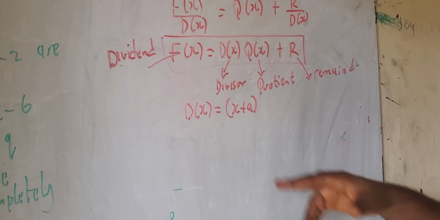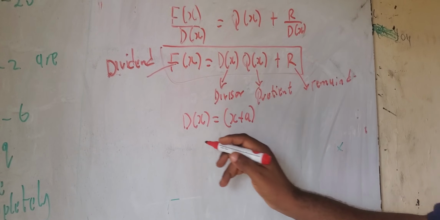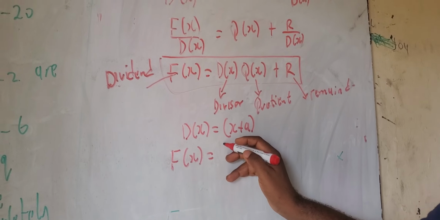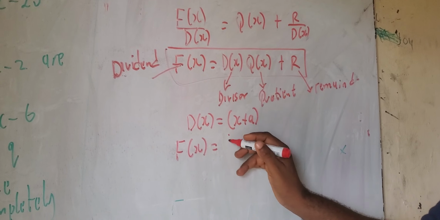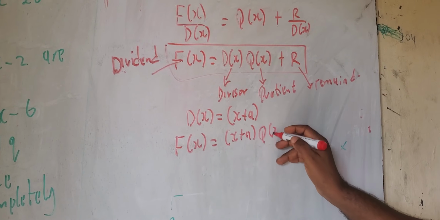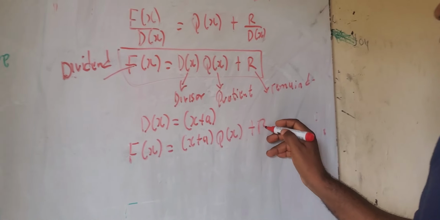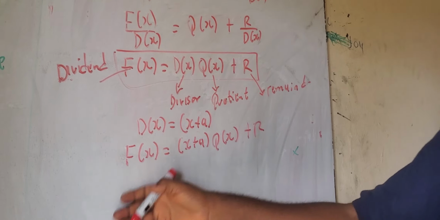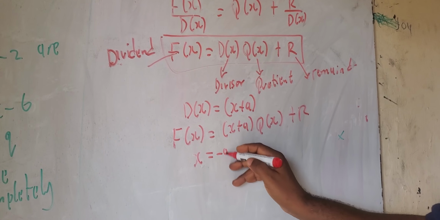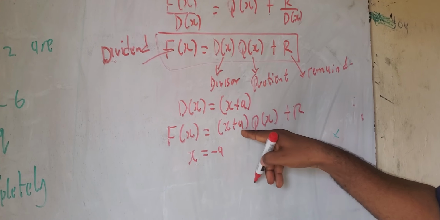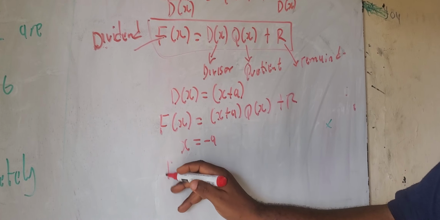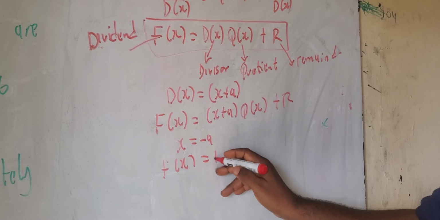If the divisor d of x is x plus a, then I can write my polynomial function as f of x equals x plus a times the quotient q of x, plus the remainder. Now, in a situation whereby x is equal to minus a, if you put minus a here, the whole of this thing becomes 0. 0 times everything here becomes 0. So in that case, f of x will be the remainder.